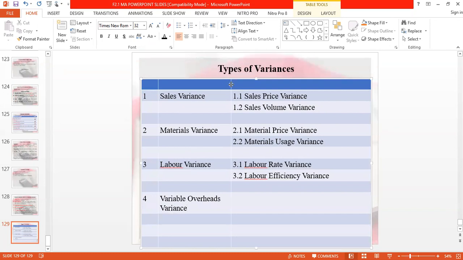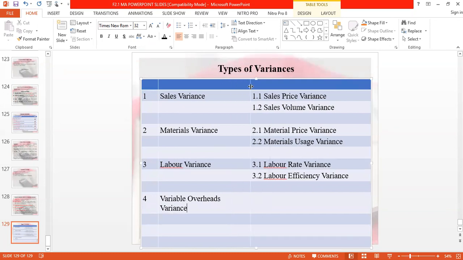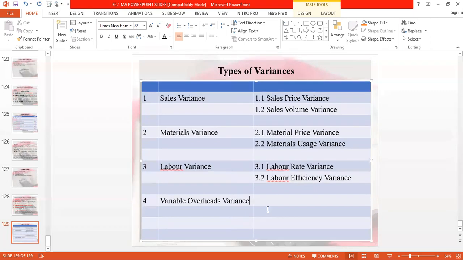In this case it can be variable overhead expenditure variance, or variable overhead efficiency variance.